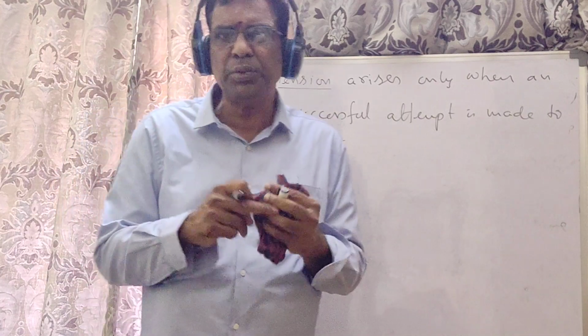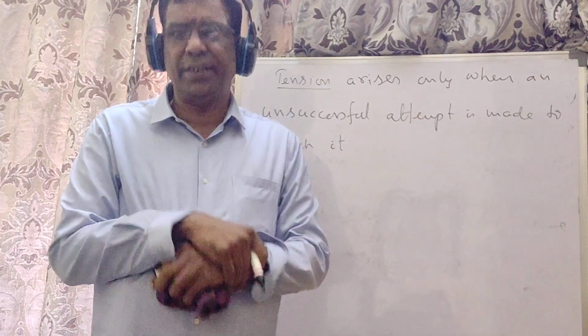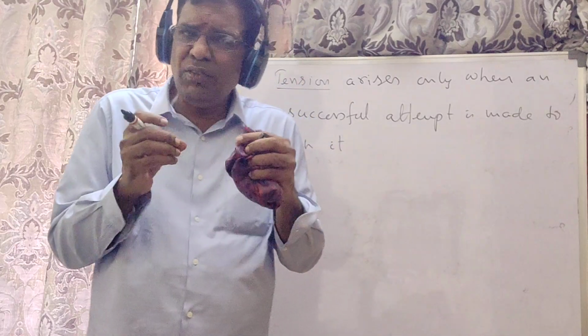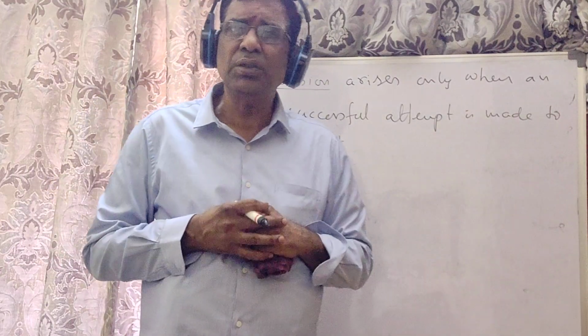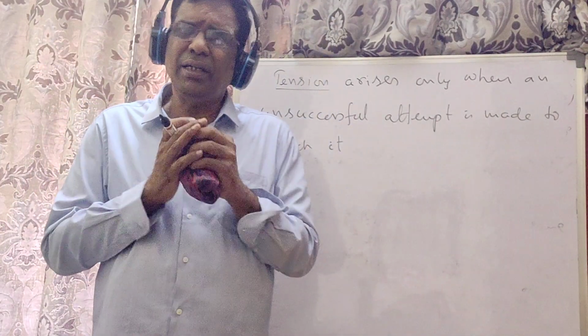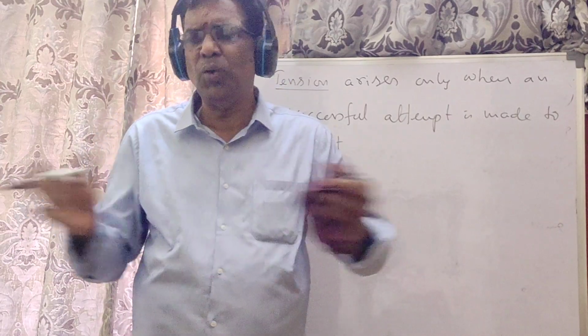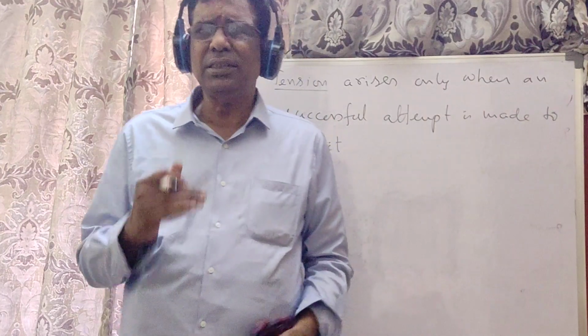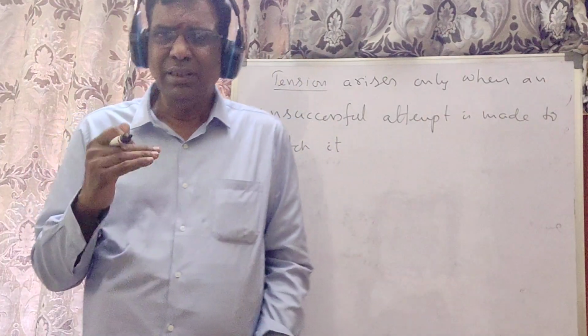Strings, chains, ropes, wires, etc., if you apply too much force, the intermolecular forces cannot withstand. At one stage, they give up their fight and the whole thing is broken. That is what we call breaking tension, the breaking limit.